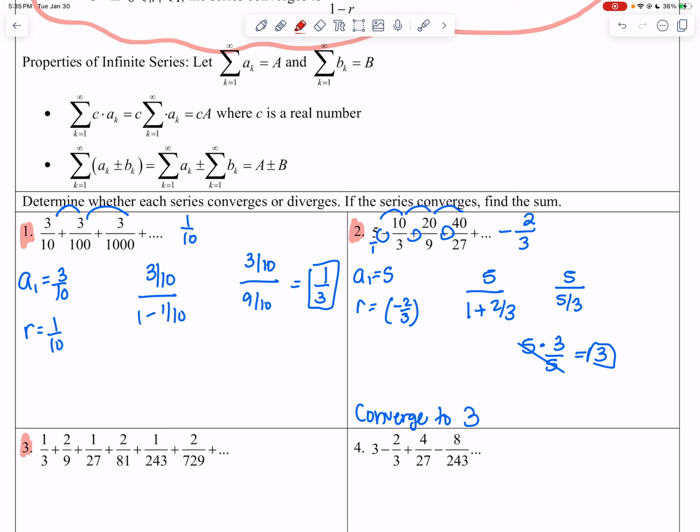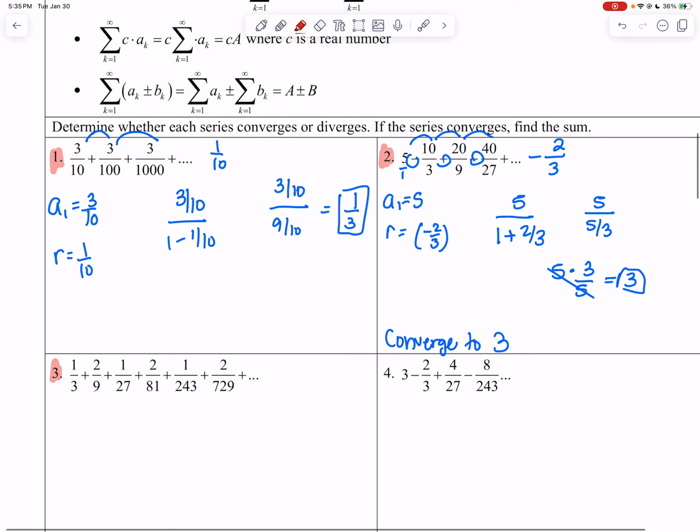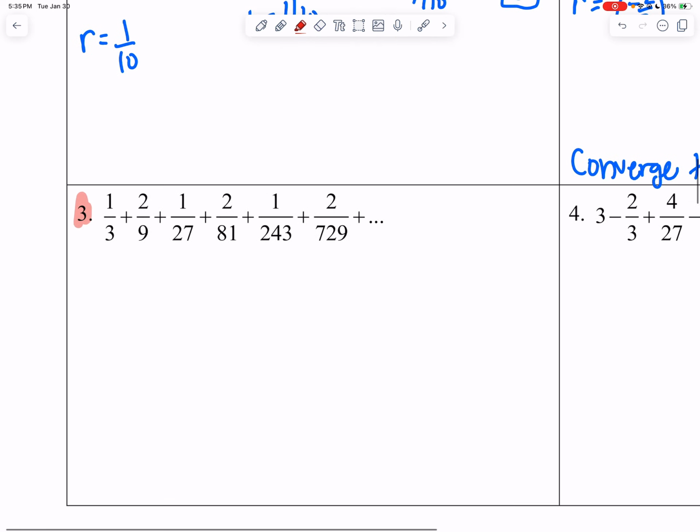As you look at the properties, we could probably use the second property right here, where we have the sum of the first series and then the sum of the second series. Since I only have one series right here, I'm going to try to split this up into 2 series. What I'm going to do is split it up so that my numerators all have 1 or my numerators all have 2.